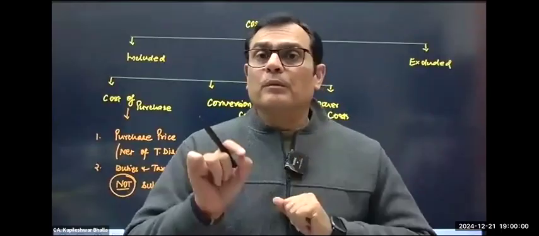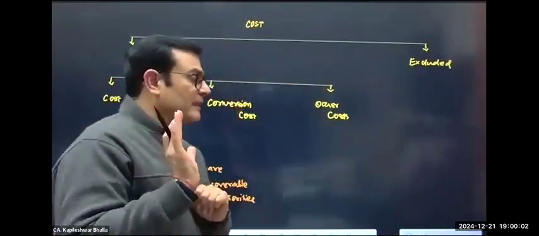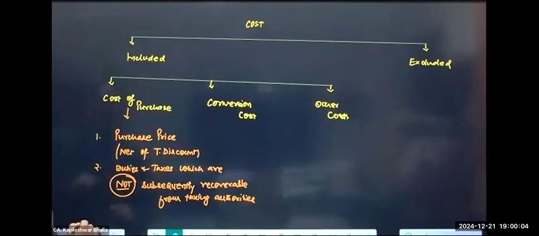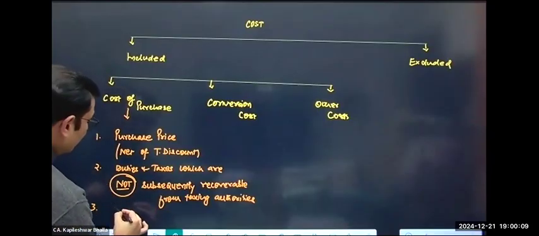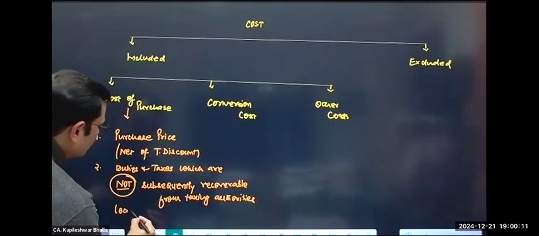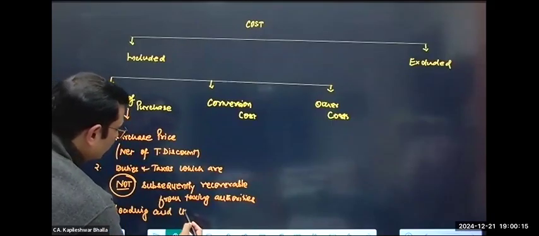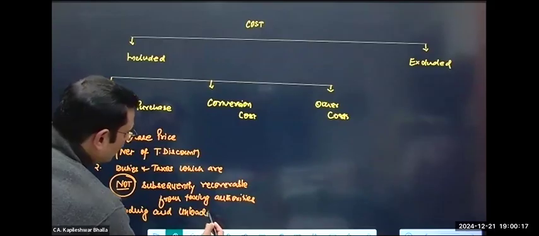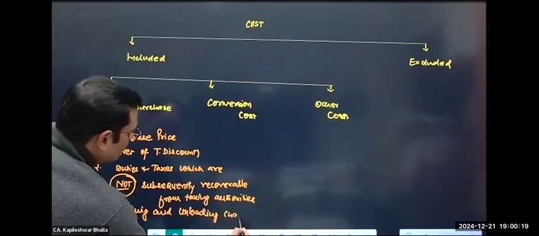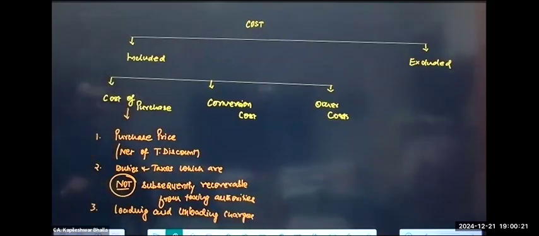Input credit not available, taken. And apart from this, we will also consider loading and unloading charges. You're buying the inventory and then you incur some loading and unloading charges. All that would also be considered as directly attributable, unavoidable expense in nature.